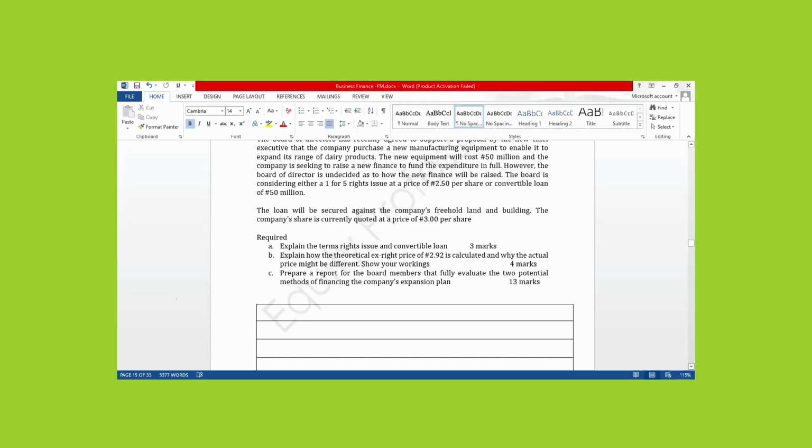The examiner has calculated the theoretical strike price. He now wants us to explain how this is calculated.